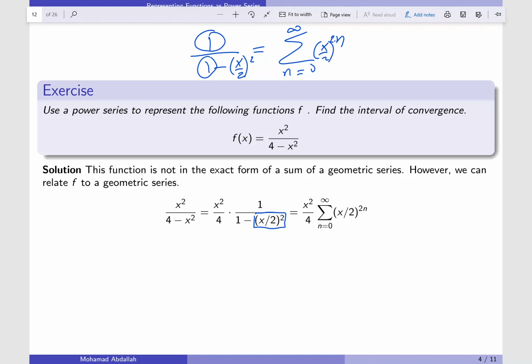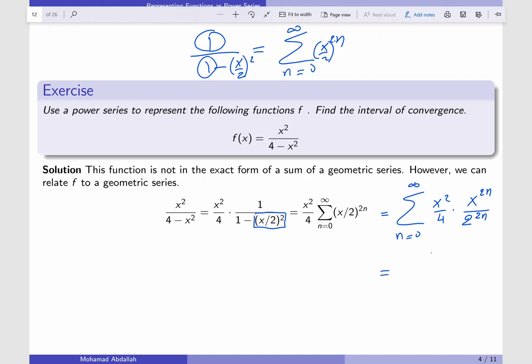Okay. Now you can multiply this back if you want, because x is a constant with respect to the summation, since the summation varies from n equals 0 to infinity. So I can move this back if I want. For example, I can write this as the sum from n equals 0 to infinity of x squared over 4, move it inside, and this can be written as x to the power 2n over 2 to the power 2n.